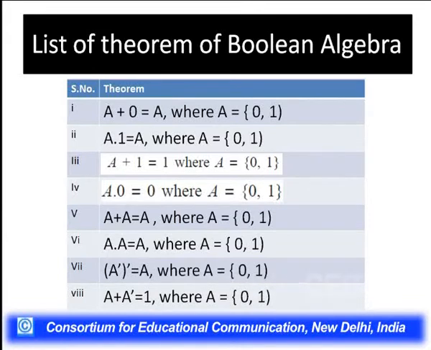Next: A dot A equals A, where A equals 0, 1. The complement of the complement of A equals A. The complement of a complement is the original variable, where A equals 0, 1. A plus A dash equals 1, where A equals 0, 1, meaning in all cases the value of A will be 0 or 1, either true or false.